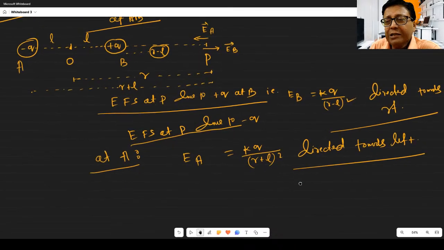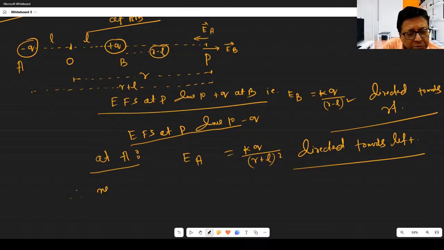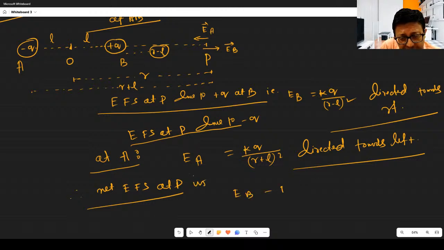So net electric field at P will be what? This is very simple because one is towards right and the other towards left. So net field at P will be just one minus the other. Which one is larger, you think? EB or EA? EB. So EB is larger. Therefore, net EFS at P is EB minus EA.